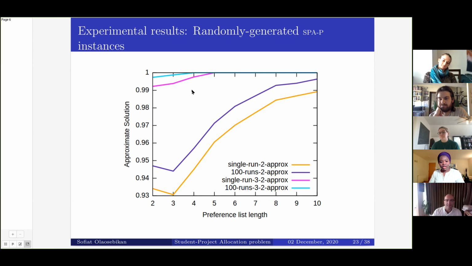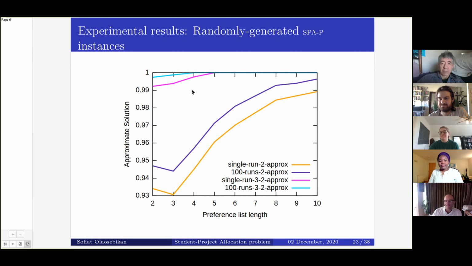And if the preference lists are short, then it's going to be difficult to place them somewhere. Okay, thank you. Thank you for your question. I always get questions on my experimental slides.